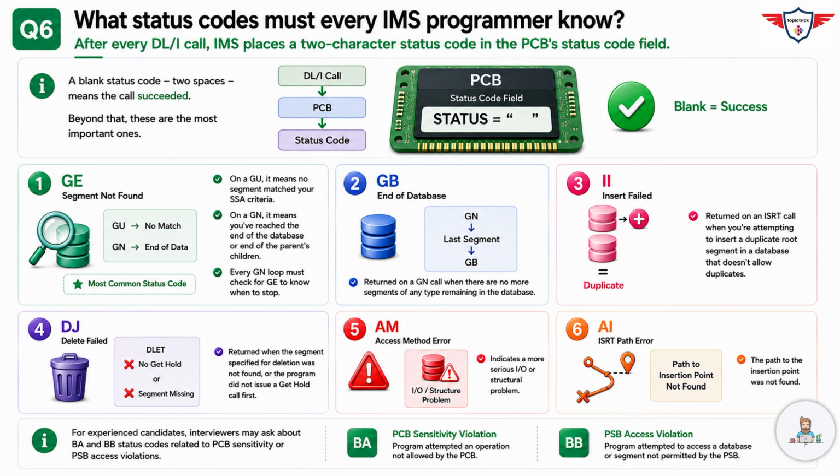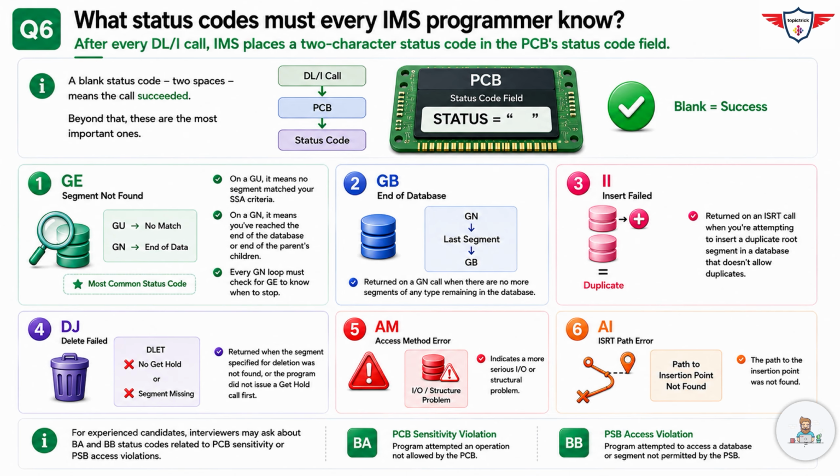Now the next one is AI, that is insert path error, and this is the error message that you generally get when the path to the insertion point was not found. Sometimes you get a follow-up question about BA and BB status codes related to PCB sensitivity or PSB access violations.